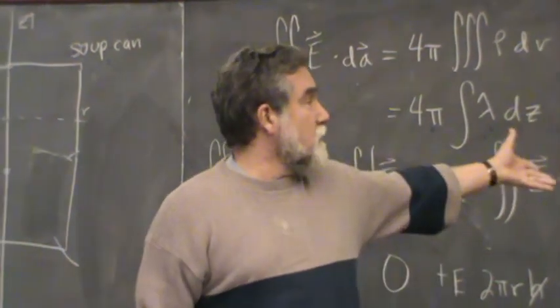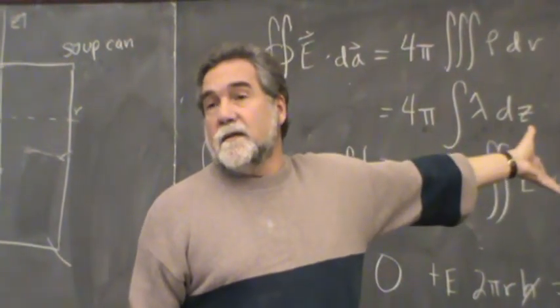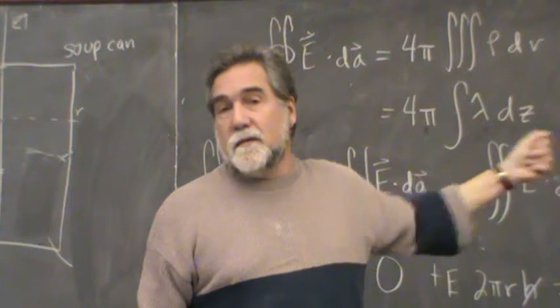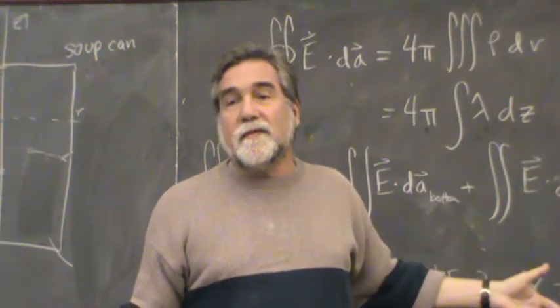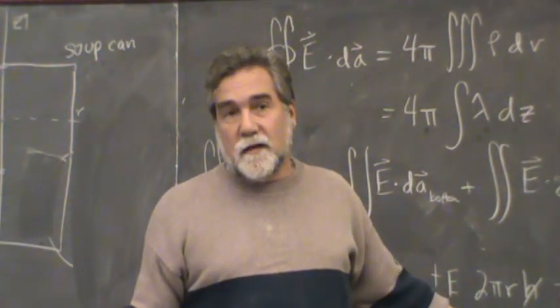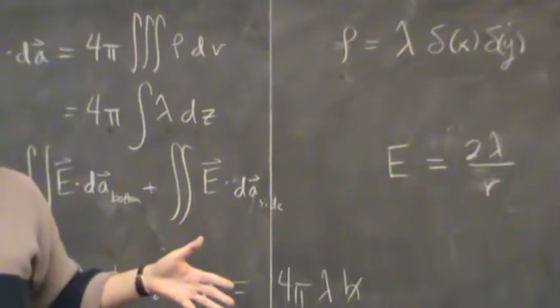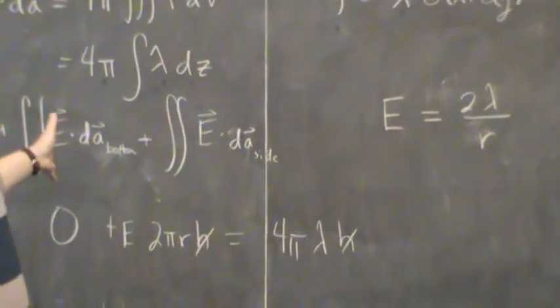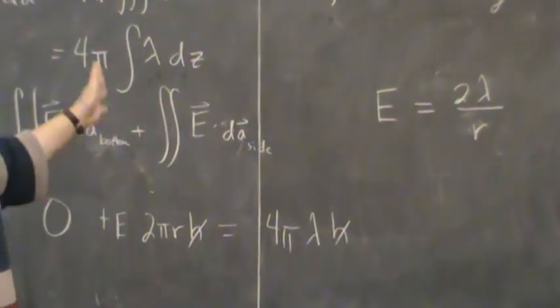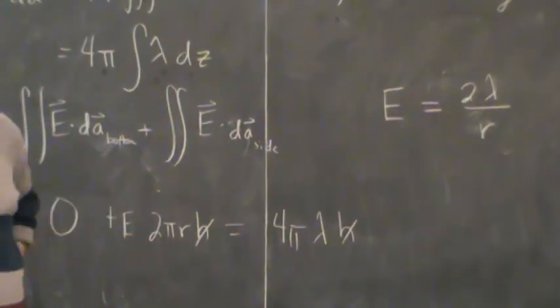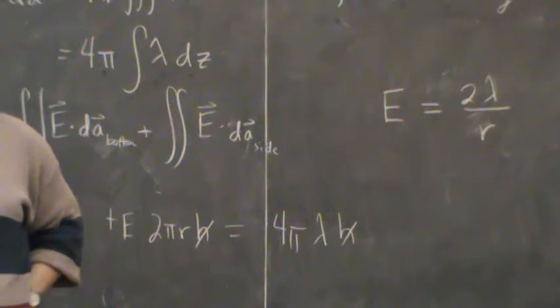Okay, so Gauss's law gave us a really nice way to solve that problem. There are only about 3 problems that can be solved using Gauss's law. I'm serious. Spherical distributions of charge, constant linear distributions of charge, and surfaces.